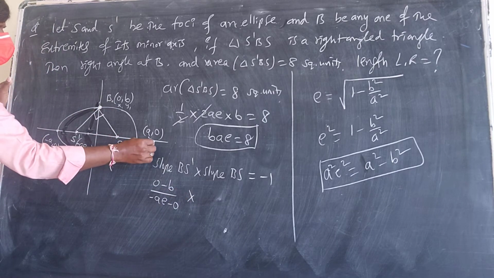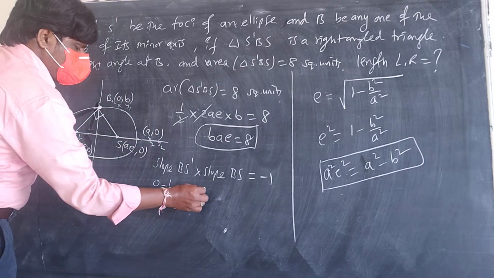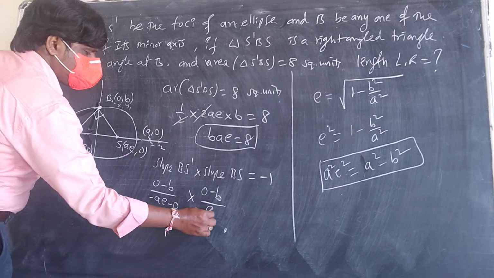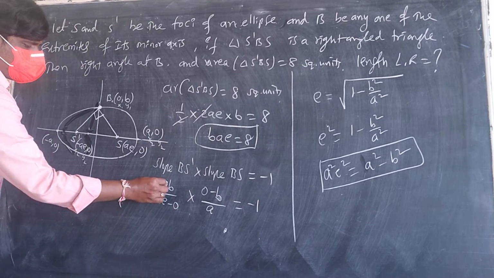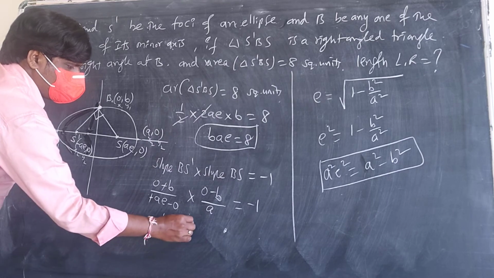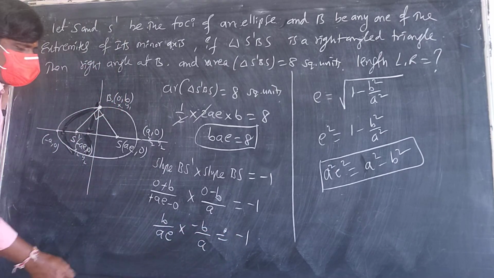If I take this as x2 and this as y2 minus y1, that is 0 minus b divided by a minus 0. So that is equal to minus 1. Here I can cancel the minus: b by ae into minus b by a is equal to minus 1.